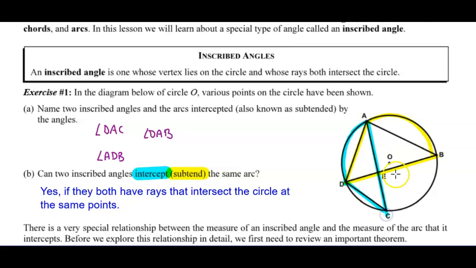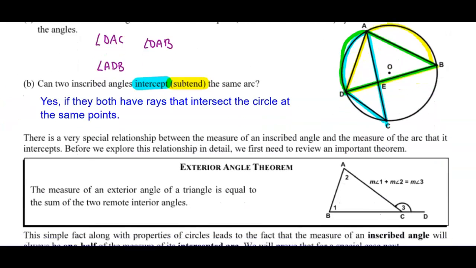But could I also have made a snow cone going back to, say, B from both of those points? Sure. So since there's two different snow cones that are formed, and I keep using that term, but I think it works visually, if there are two different snow cones that are formed on the same arc, then that same arc has been subtended by two different angles.